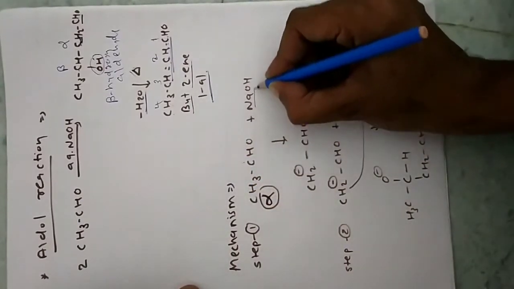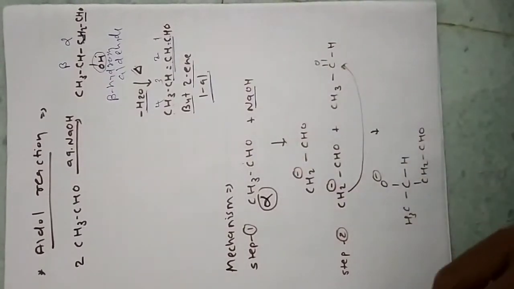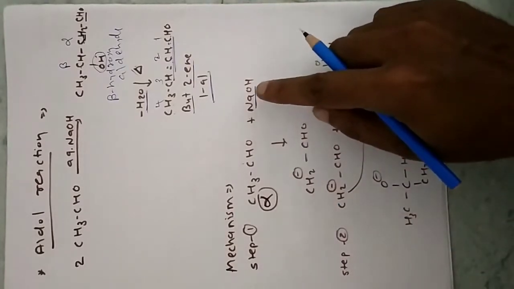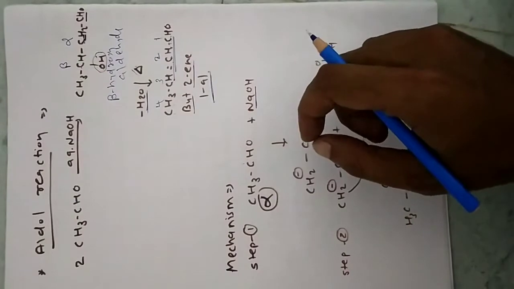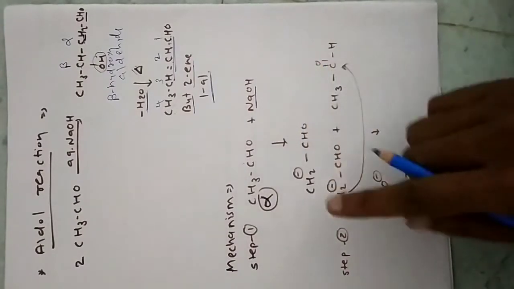When it reacts with NaOH, NaOH is a base. Now a base has the tendency to take out H plus, to grab H plus. Acids donate H plus, and a base grabs the H plus ion, removing it from the molecule.